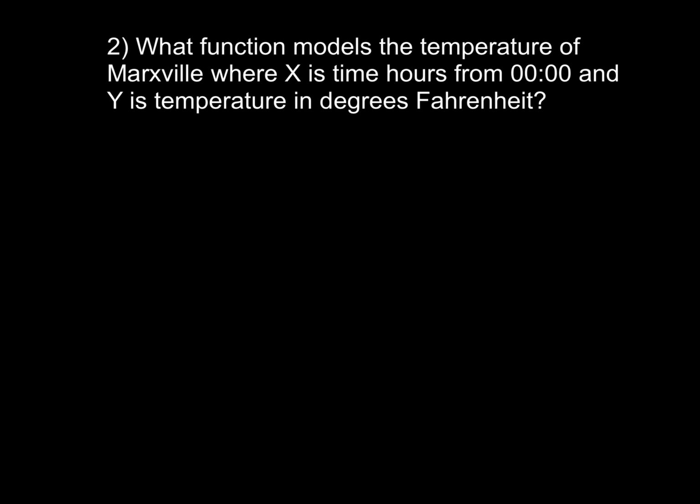Okay, so Marksville gives us the same kind of problem. Let's get right ahead and convert from minutes into decimals. So the maximum temperature of Marksville is 85 degrees Fahrenheit at 1257, and we can go ahead and convert that to 12.95, because it's from minutes into decimals.